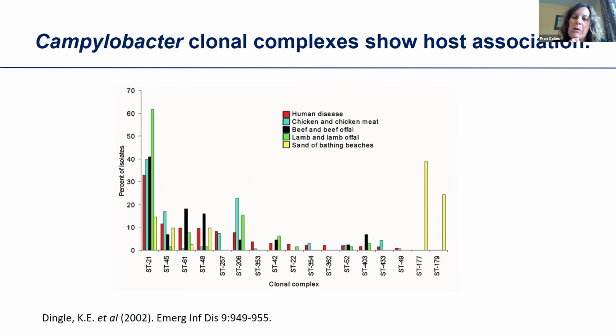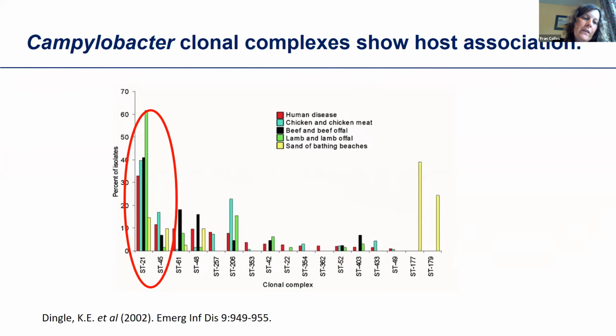So this was an early publication showing on the right, for example, 2 clonal complexes, 177 and 179, which are associated with wild birds, but in this case are from contaminated beach sand. 257 towards the left would be an example of a chicken-associated clonal complex. And then also there's these 2 clonal complexes, 21 and 45, which have wide host distribution and a more generalist nature. So there's ongoing research to try and understand the biology of this a bit better.